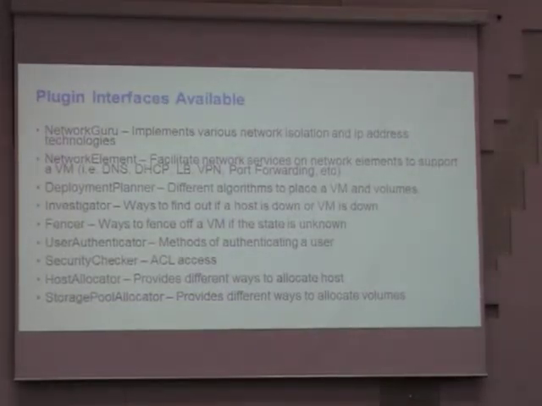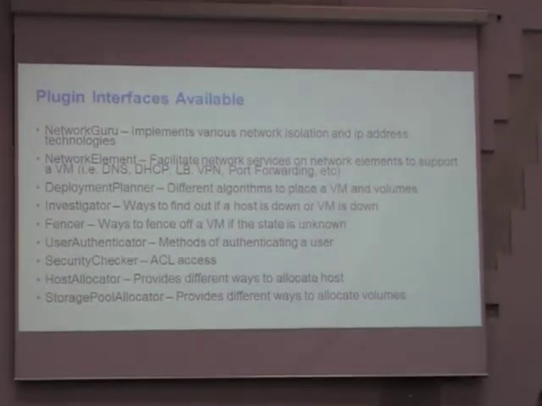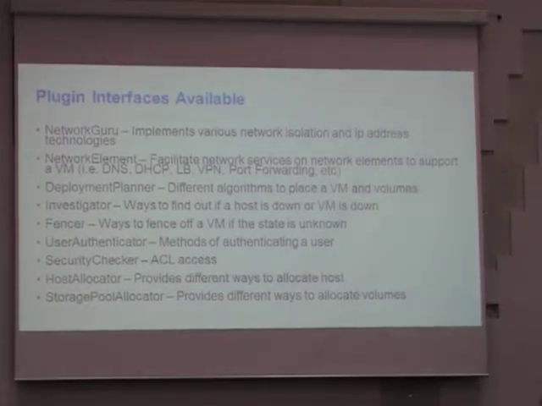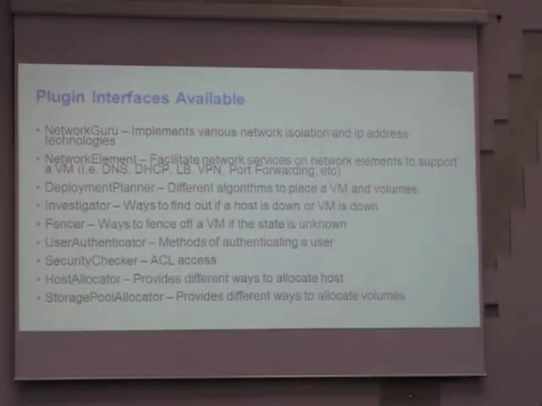So, quickly going through some of the plugin interfaces that we have today. I don't know all of them, so I'm not sure I can answer all questions, but for example, the network guru is the one that really decides which network implementation is used. I believe this is the one that says whether it needs to use the layer 3 security group implementation, layer 2 VLANs, or SDN networks.